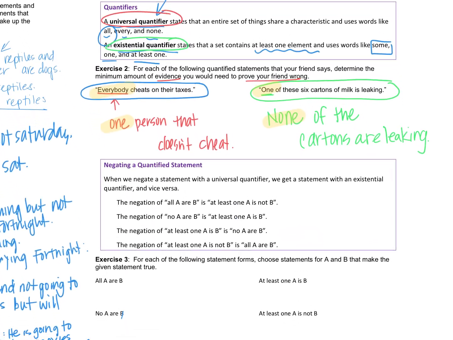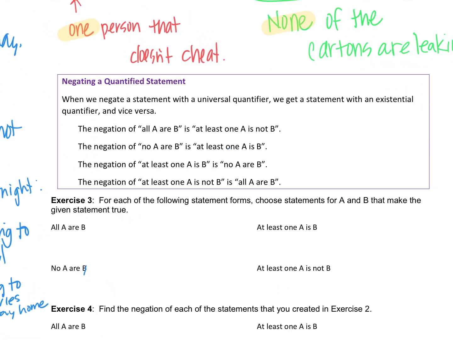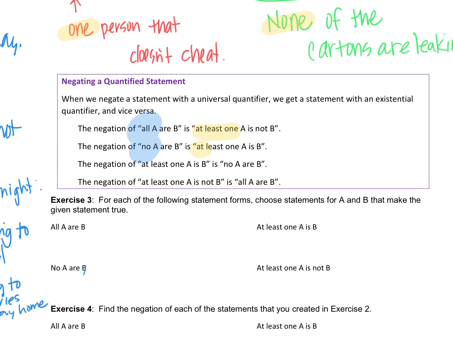And you can see down below, in general, what's happening every single time is that for these negations of quantified statements, if you have an all or none, then its negation will say at least one. So it will be existential.